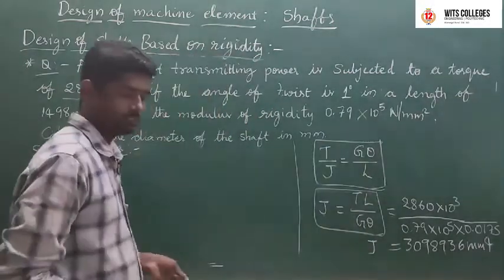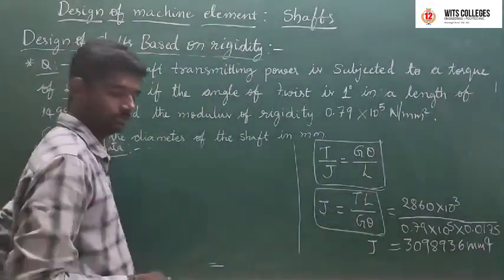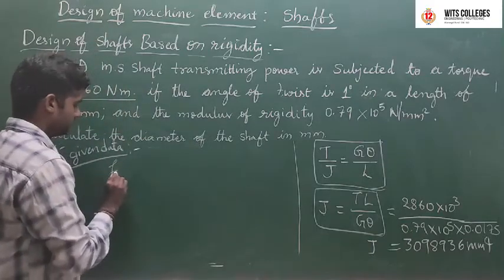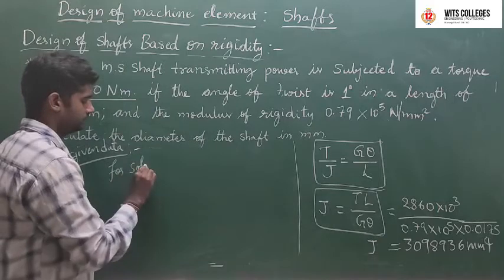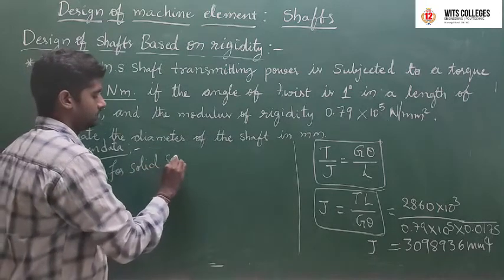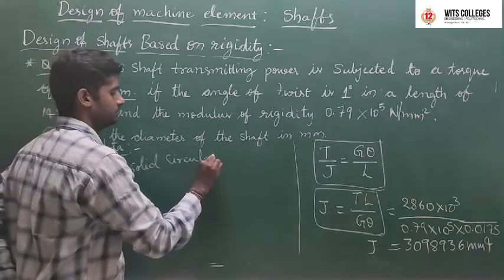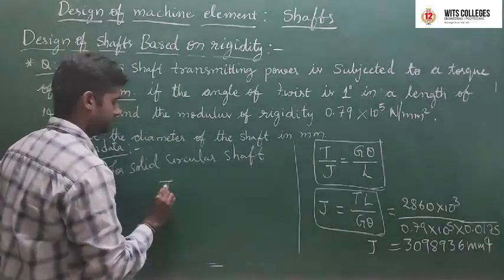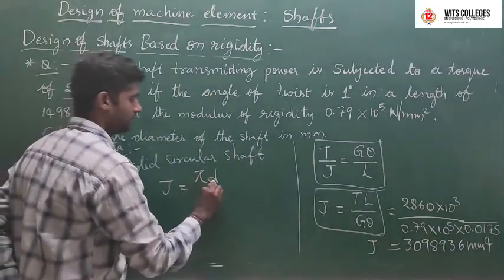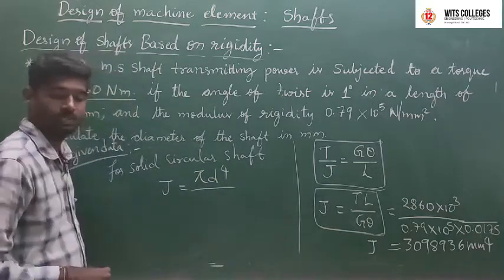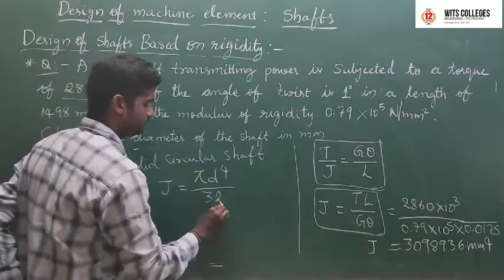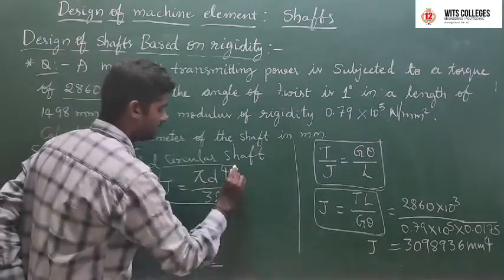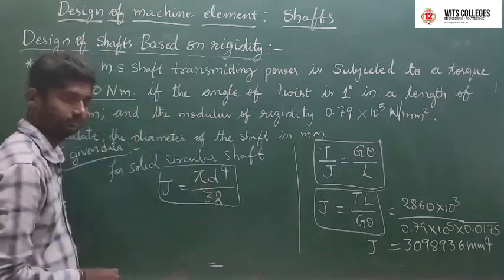What is the J value for a solid circular shaft? J equals pi d to the power of 4 by 32. Using this J equation, find the diameter of the shaft.